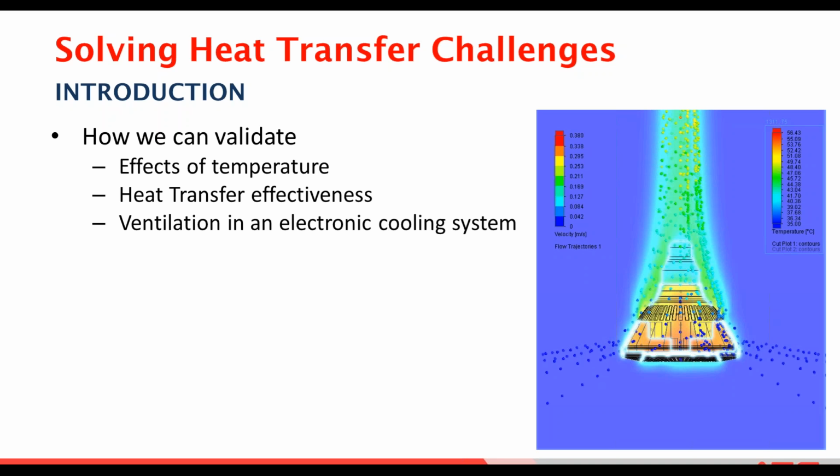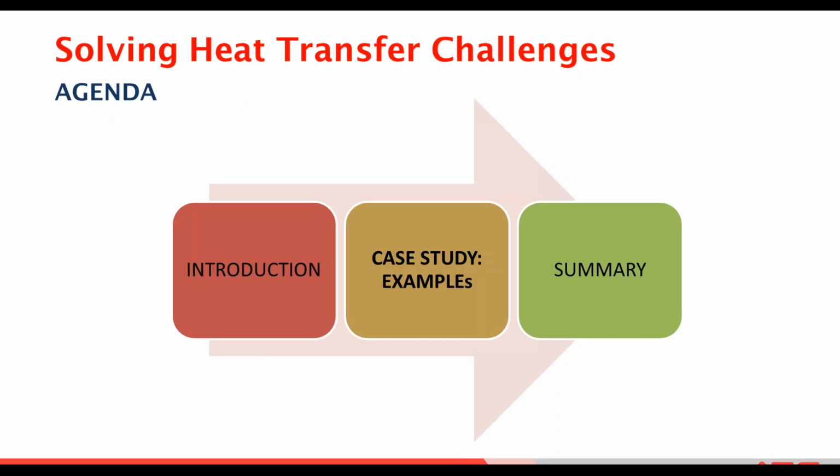And one of the important things in CFD is that the ventilation in an electronic cooling system is important as well: how does the ventilation in the fluid regions carry away the heat from the heat source? So we have roughly talked about the introduction, and now we will go into the case study itself.